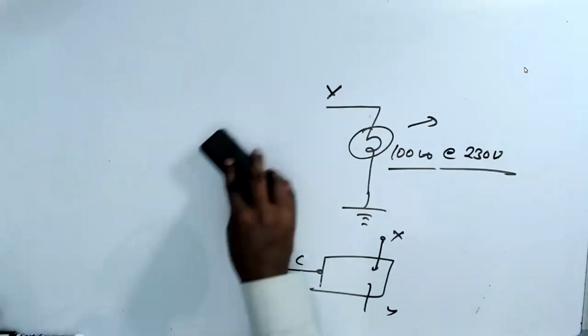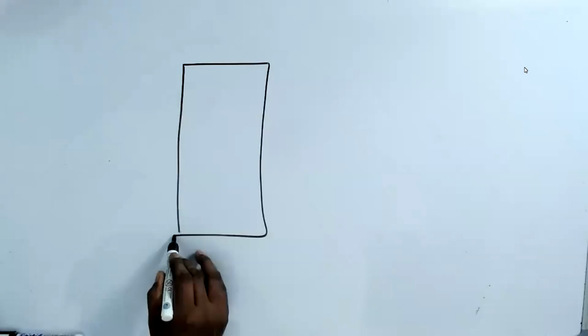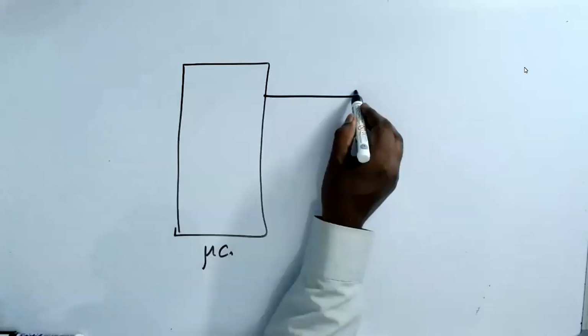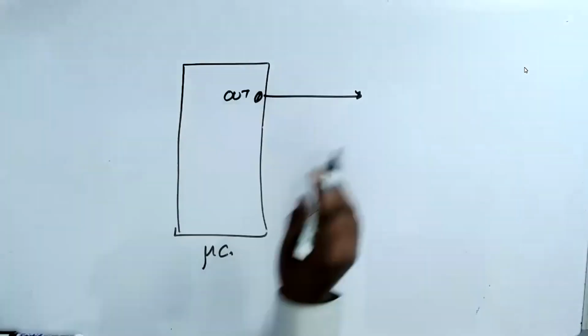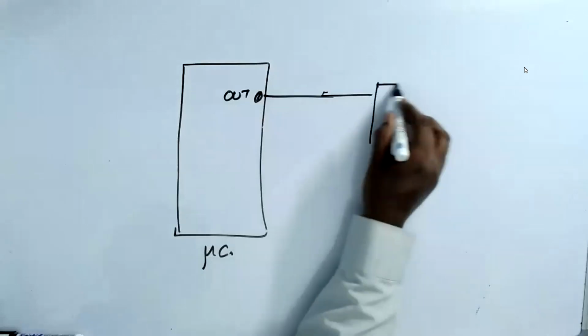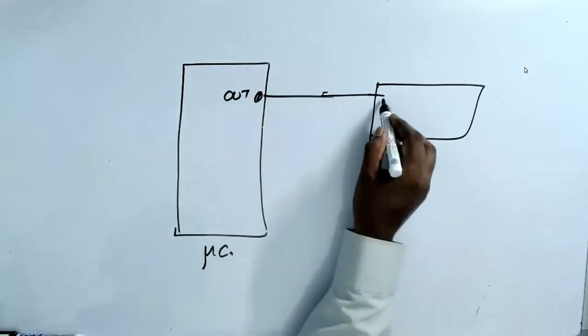What we do here is use the same methodology as with the LED. We have a microcontroller with the out pin, bit 0. Now here we connect a relay. This goes as a coil.